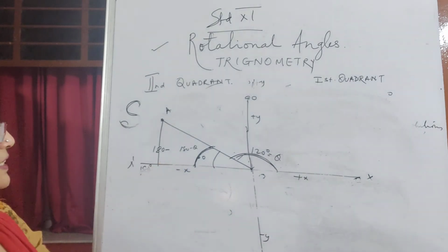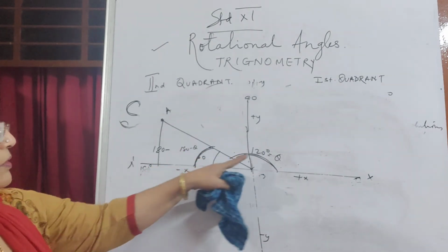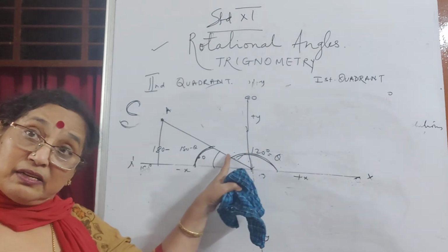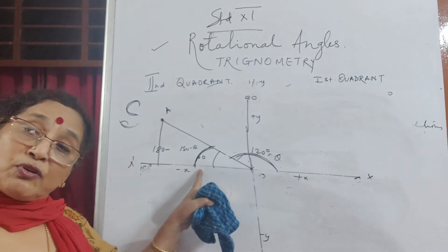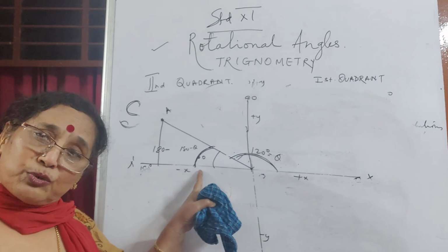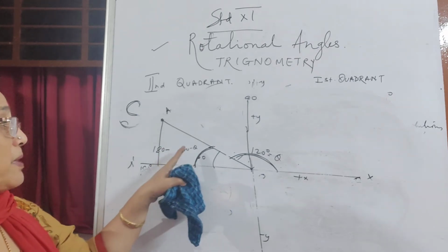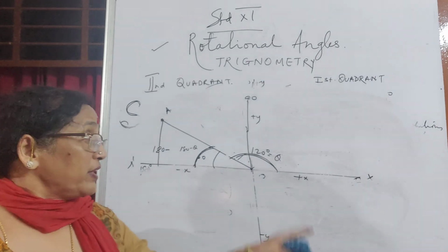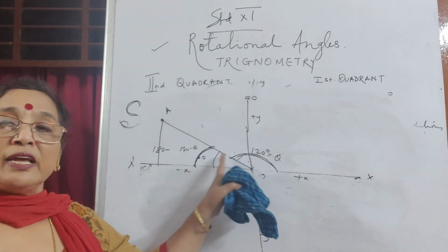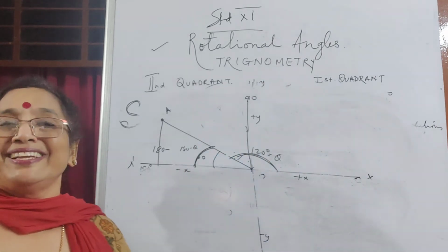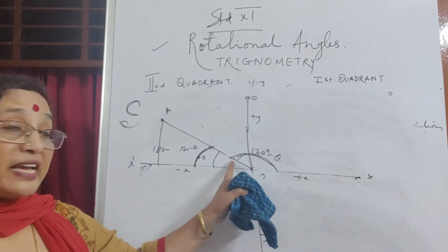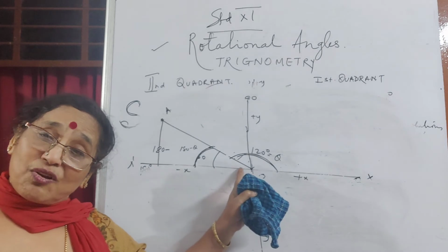So 180 minus theta is this angle, which is 60. How did you get 60? 180 minus 120. That means going theta degrees anti-clockwise is the same as going clockwise 180 minus theta. Going 120 degrees anti-clockwise is the same as 60 degrees clockwise.